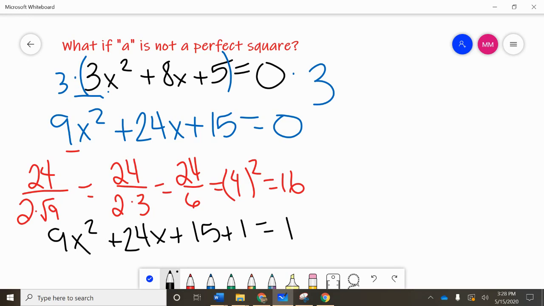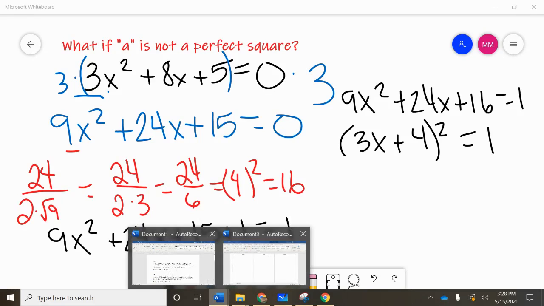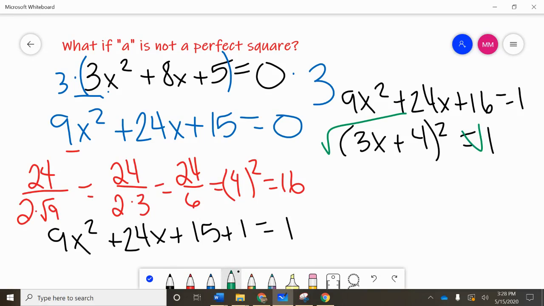So simplifying this, I get 9x squared plus 24x plus 16 equals 1. I now can write the left-hand side in factored form: 3x, because the square root of 9 is 3, plus 4, because the square root of 16 is 4, squared equals 1. Just like in all the other examples, I will take the square root of both sides, and I get 3x plus 4 equals 1, and 3x plus 4 equals a negative 1.